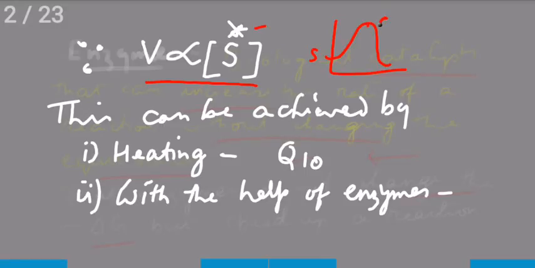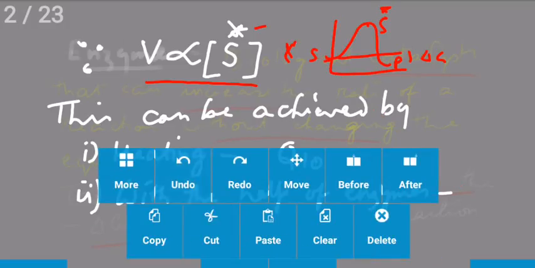This state is the transition state S asterisk, from where it is broken down to the product, and the difference is called delta G. The free energy difference of the substrate and the product is called delta G. So this y-axis is actually free energy.